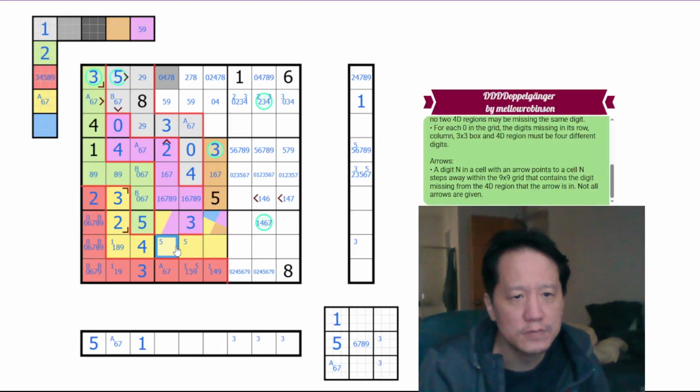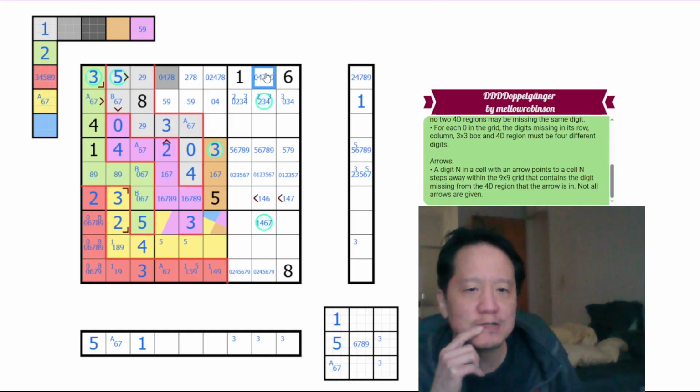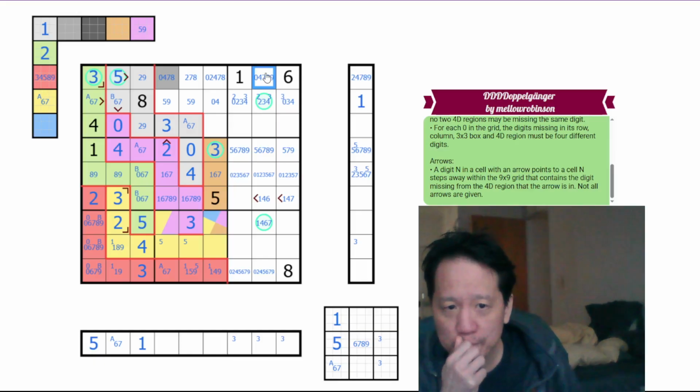Interesting. That means A cannot be missing from any other box besides 7. So A has to be either this 6 or 7 there. That's not too helpful. Okay.